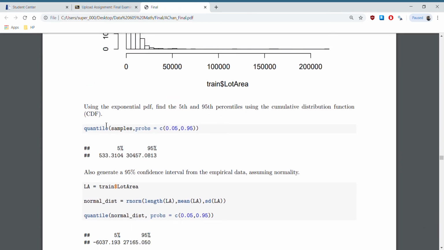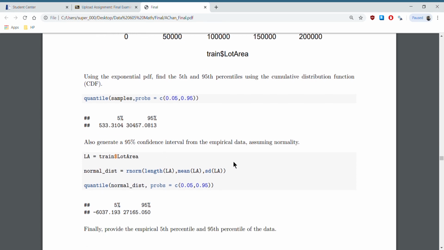Let's see, so here I calculated the quantiles. It looks like for the 5th and 95th percentiles right now, it's 533 and 30,500. And then the 95% confidence interval, assuming normality.